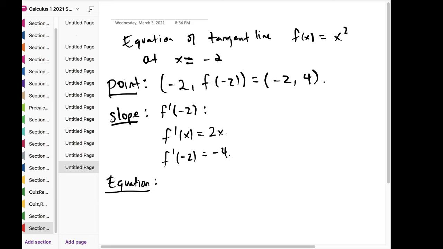So y minus, what is it? Yep, y minus 4 equals, what? So m goes here, right?